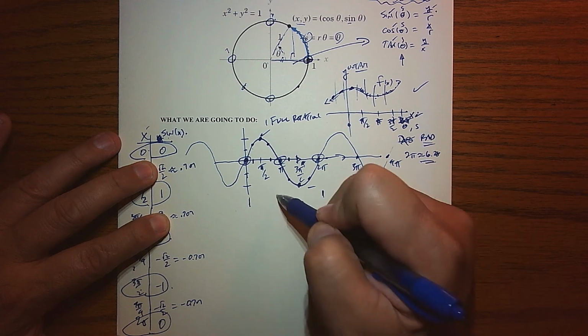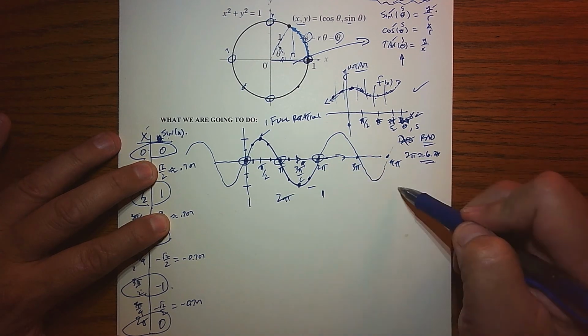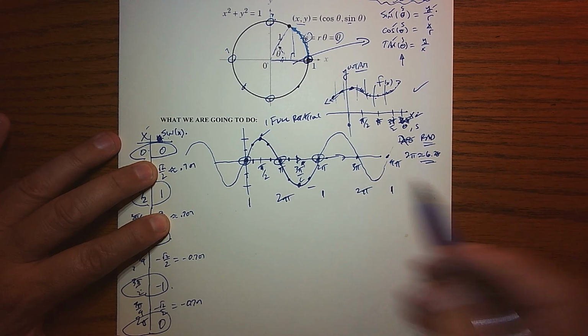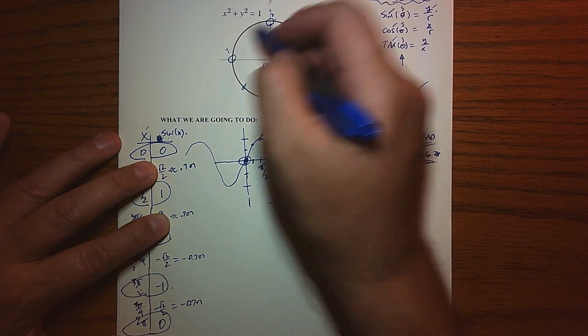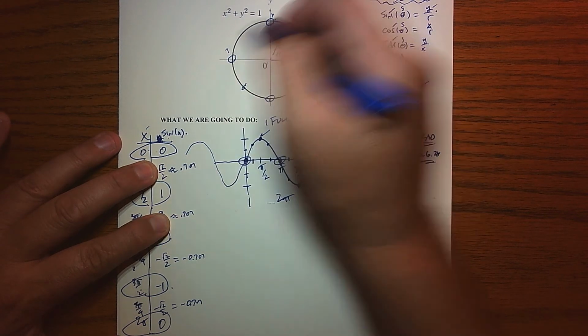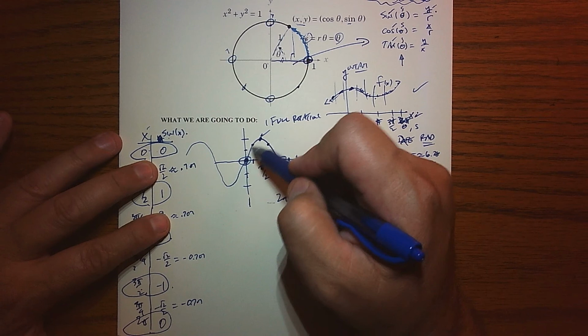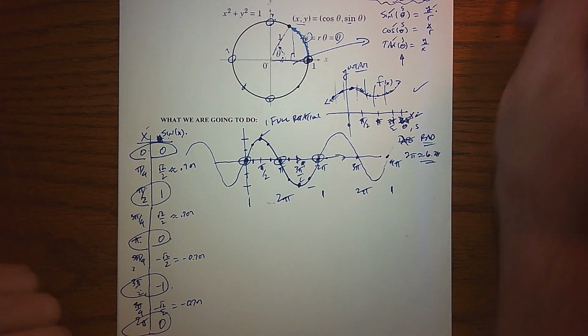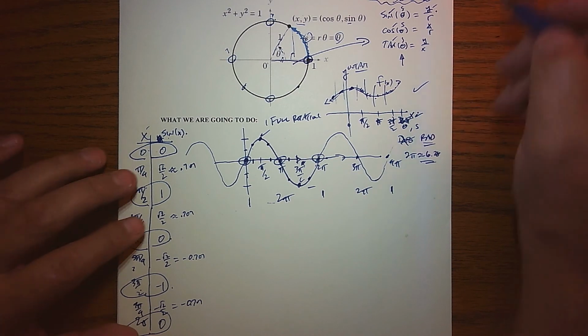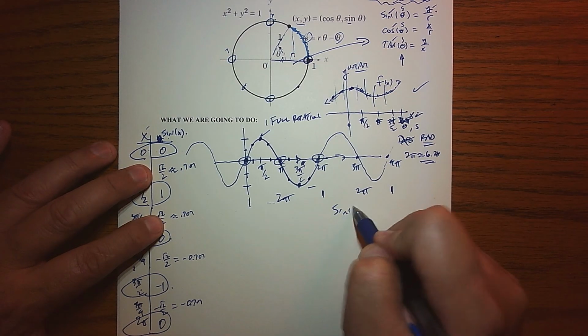The period is 2 pi, and this is also 2 pi. So over a series of 4 pi, I've gone 2 cycles, or back to the unit circle, we've gone around twice. Here's one full rotation, here's the second full rotation. I'll talk more about that period stuff in a moment. But there's basically our graph of sine of x.